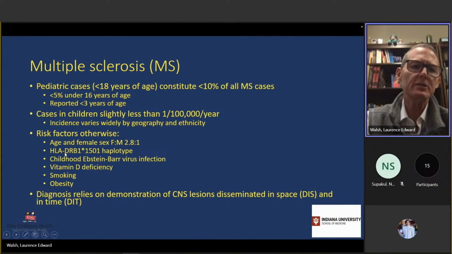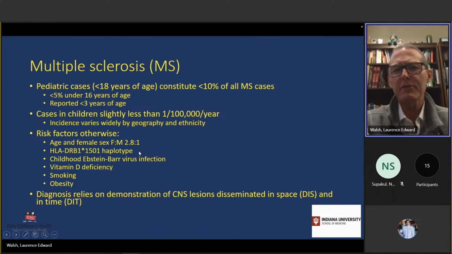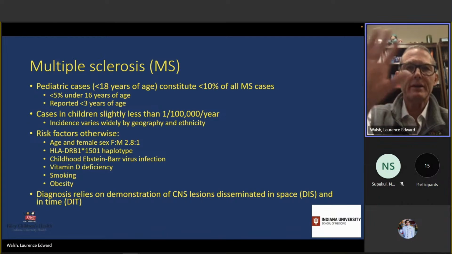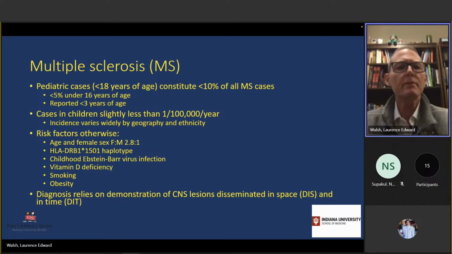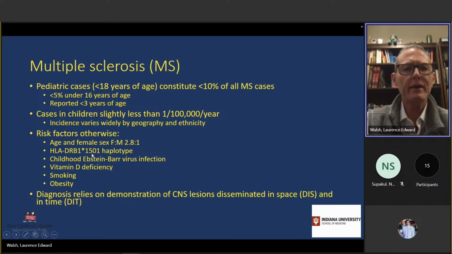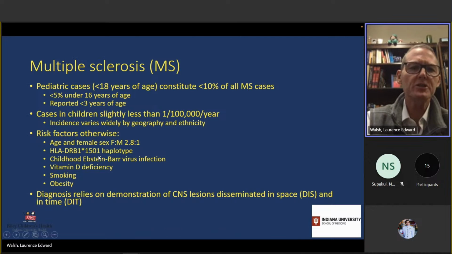This HLA haplotype does tend to hold up worldwide for the most part, although there are selected populations, both in the United States and in the rest of the world, where other haplotypes are overrepresented a bit more. But if there were a boards question, this would be the answer.